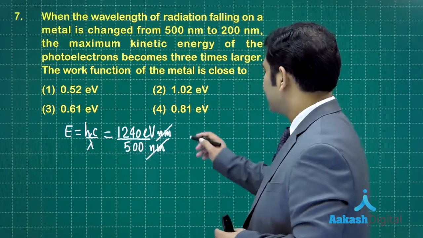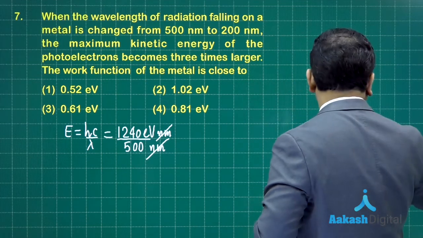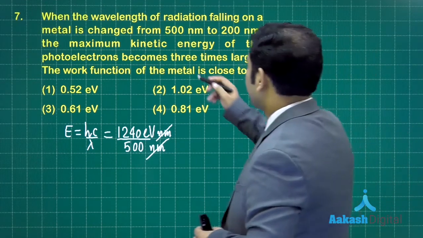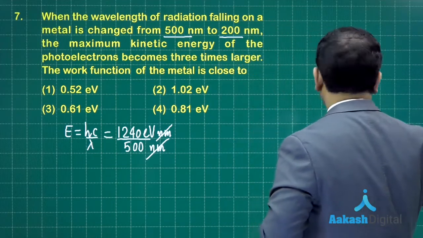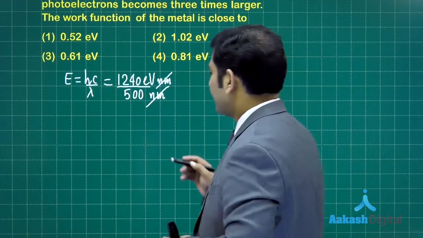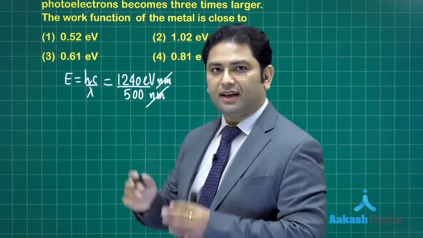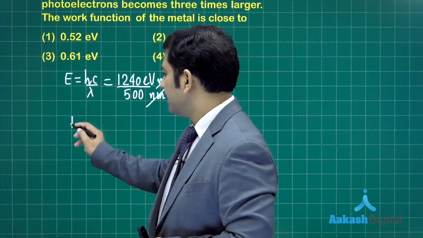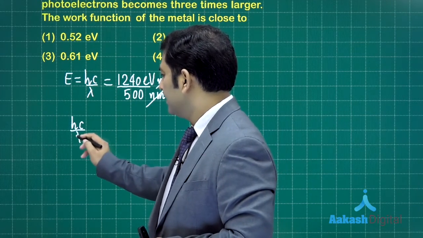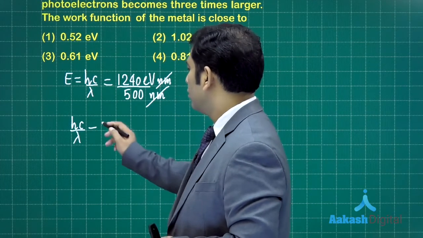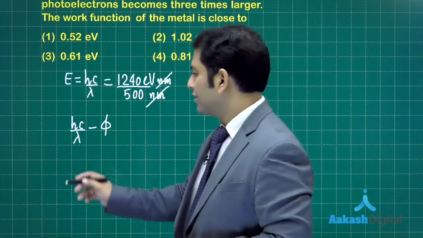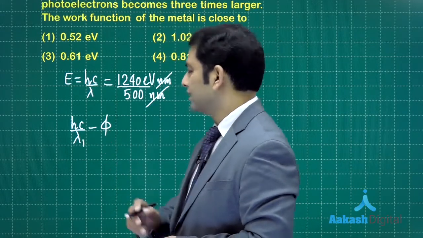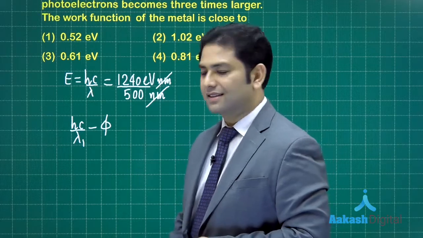Now let's see, what does Einstein's equation say? Let me call this lambda 1, this lambda 2 to begin with. The value of kinetic energy is hc by lambda minus the work function, right? So initially corresponding to lambda 1, this will be K max.